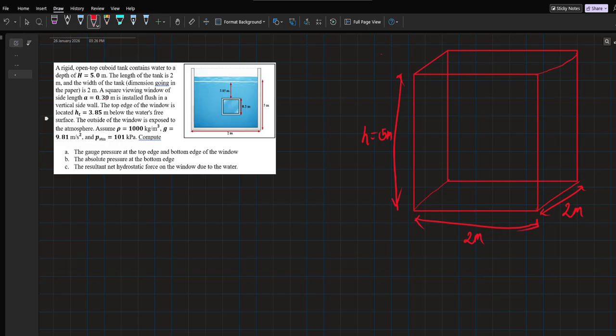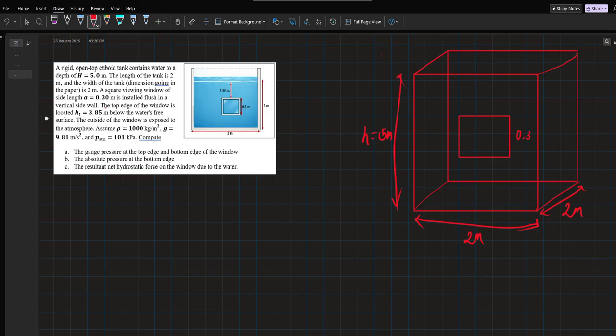And it said there is a square window. So there's a square window in front of the tank somewhere over here, whose sides are 0.3 meters. As it is a square, all sides will be the same. It may not look like a square in the drawing, but it is a square.